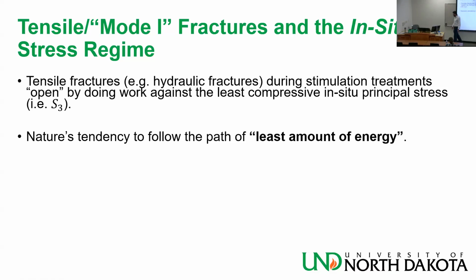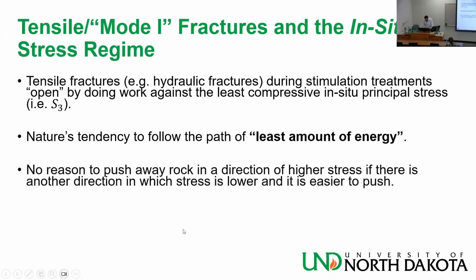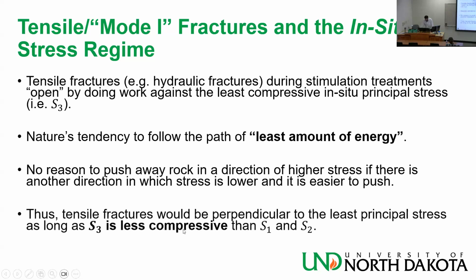How do fractures open? They open in one direction and propagate in one plane. You need to know. They open against S3 and propagate in the plane of S1 and S2. Lusten actually didn't say it right. He said they propagate along SH max and they open against SH min, assuming normal or strike slip faulting.